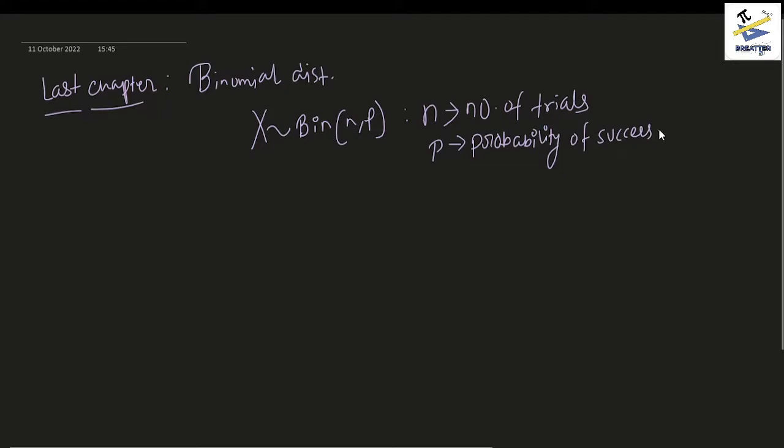Now n is the number of trials and p is the probability of success, and x follows binomial n comma p. This means that the PMF is given as this.